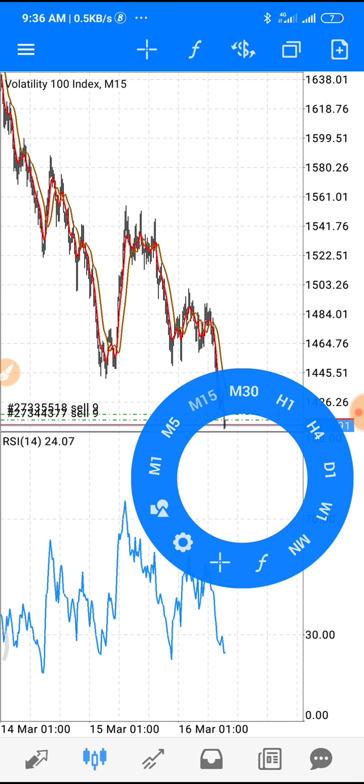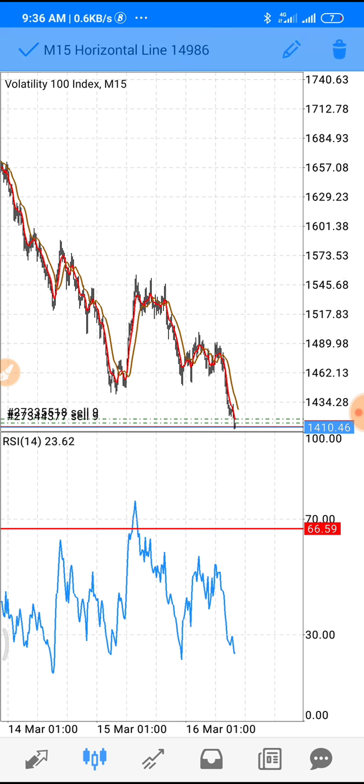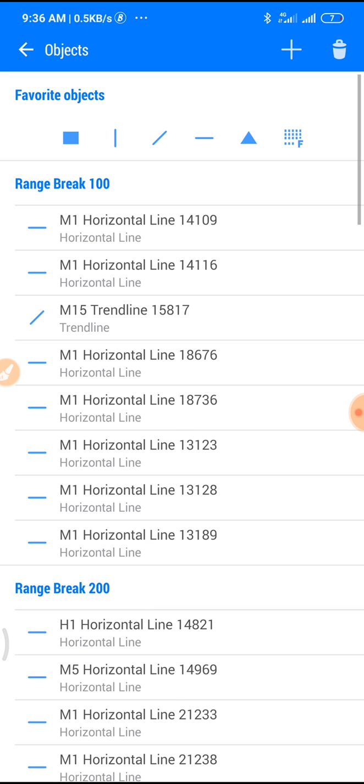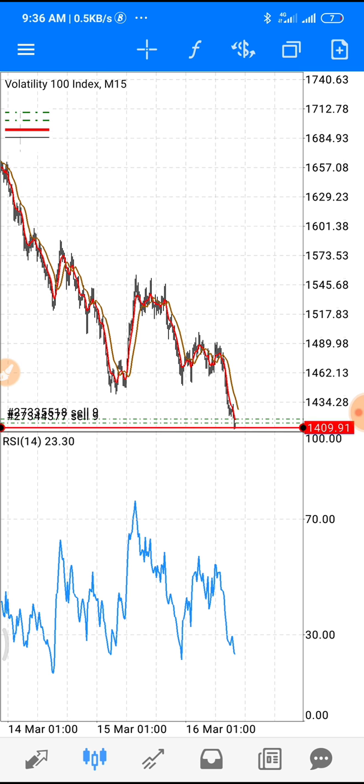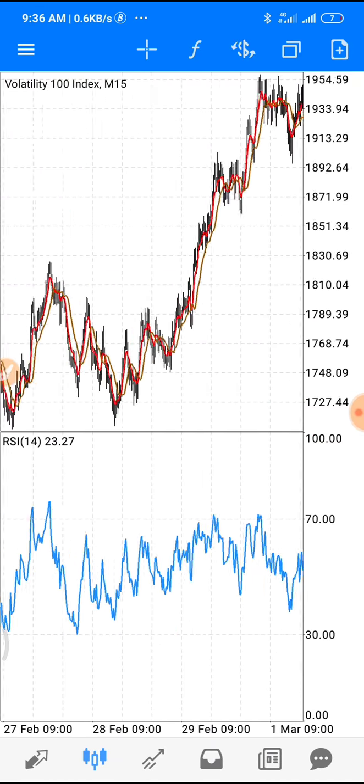You can just draw a level on that current low and scroll back to check.